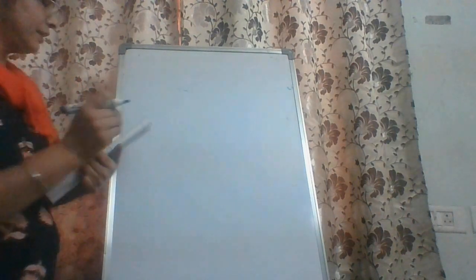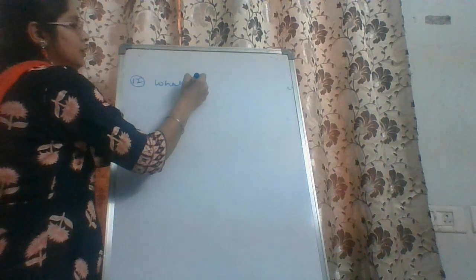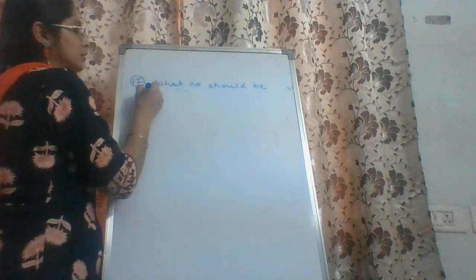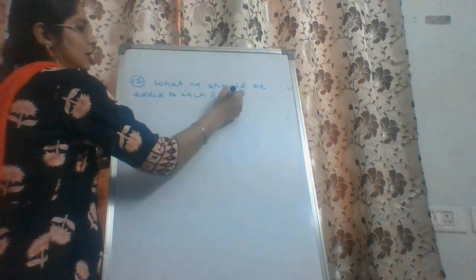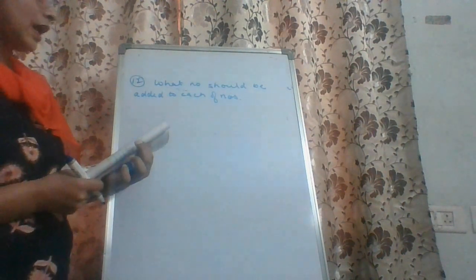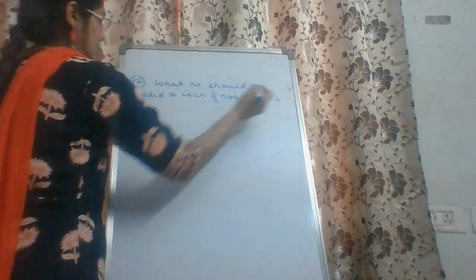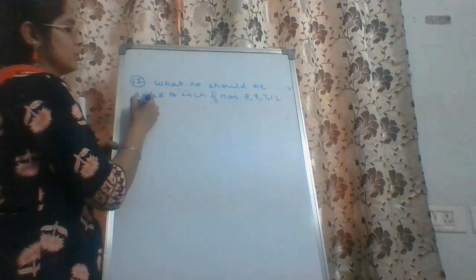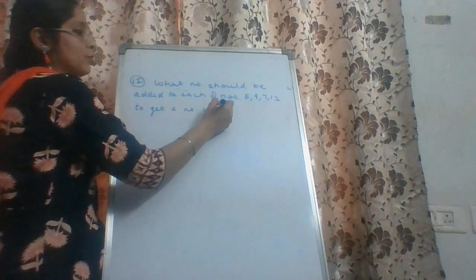What number should be added to each of the numbers 5, 9, 7, 12 to get numbers which are in proportion?